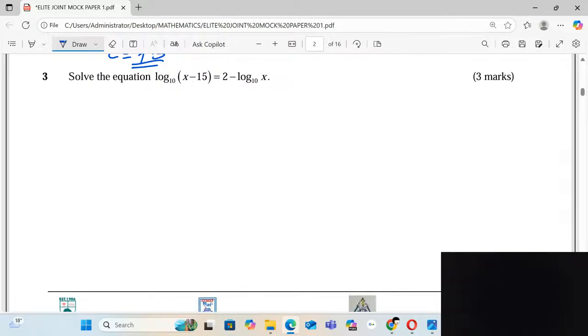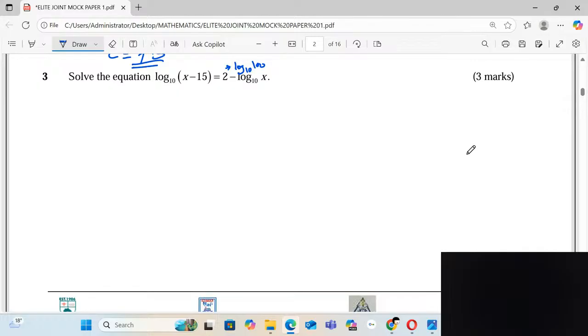Now in this case, we can convert the 2 to log base 10, and 2 is log base 10 of 100.